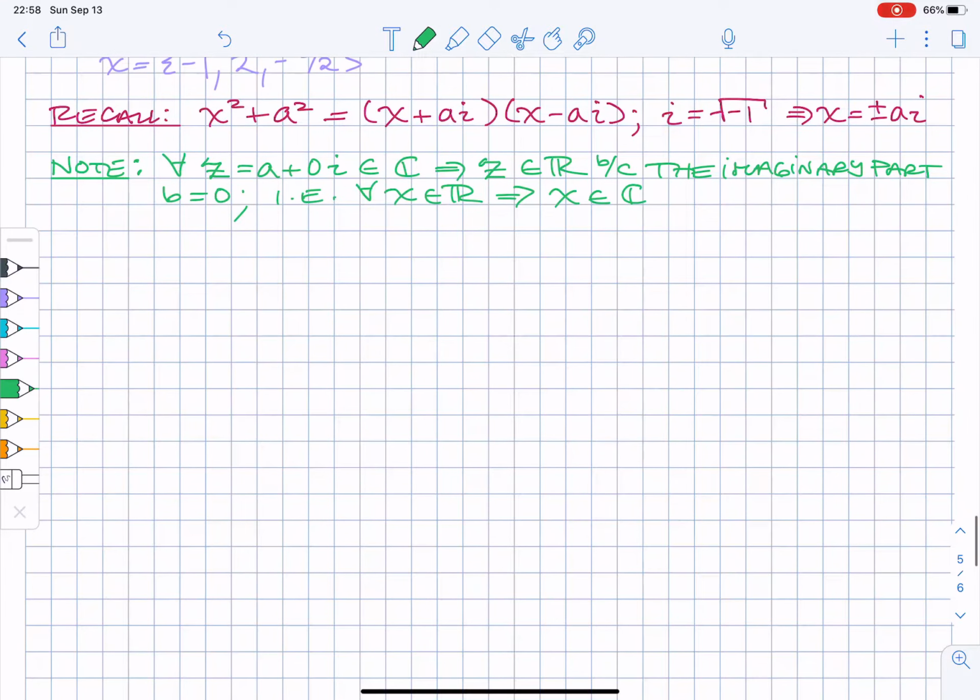Okay, so this gets us to the fundamental theorem of algebra.